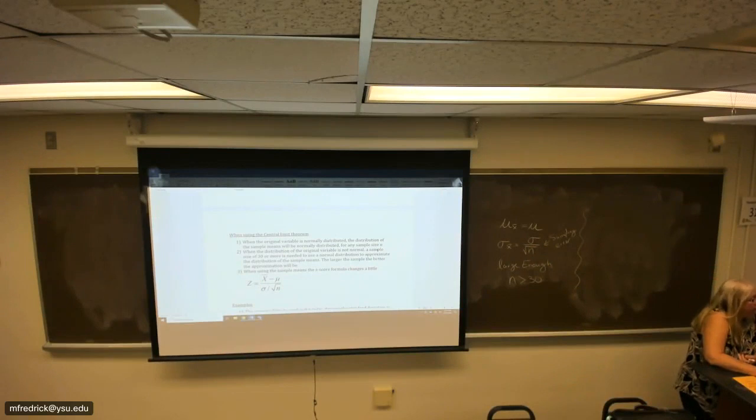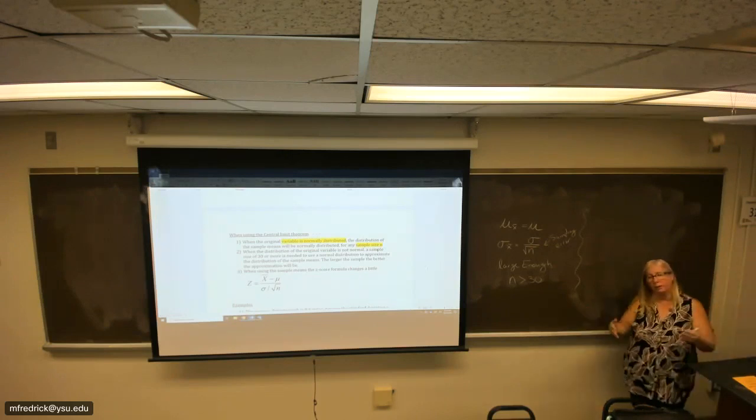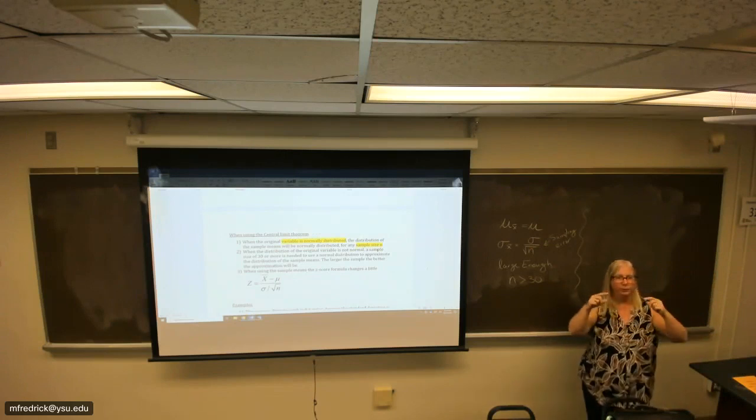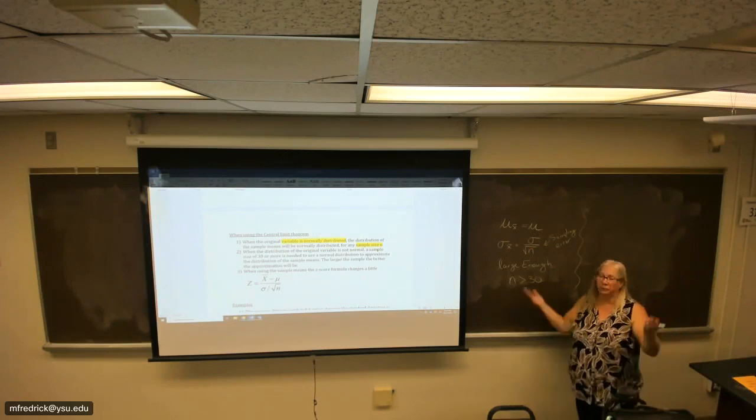So that's saying what I just said. As long as it says that the variable is normally distributed, then the sample can be any size. You don't have to worry about it. But if it doesn't state that, then it has to be greater than 30. So all I do is I look at the sample size first. If it's less than 30, then I look for that. If it's greater than 30, it doesn't matter.